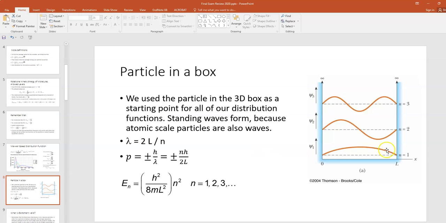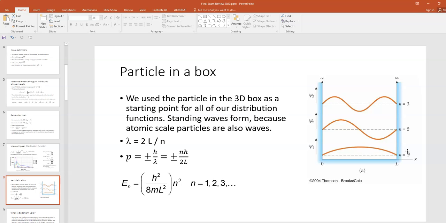So here, big L is the length of the box in one dimension. And of course, that would hold in all three dimensions. So de Broglie wavelength, lambda is equal to h over p. So you can see that the momentum, p, you can rearrange that, would be equal to plus or minus h over lambda. And the particle would be going, say, for example, here, left and right. Right would be positive and left would be negative.